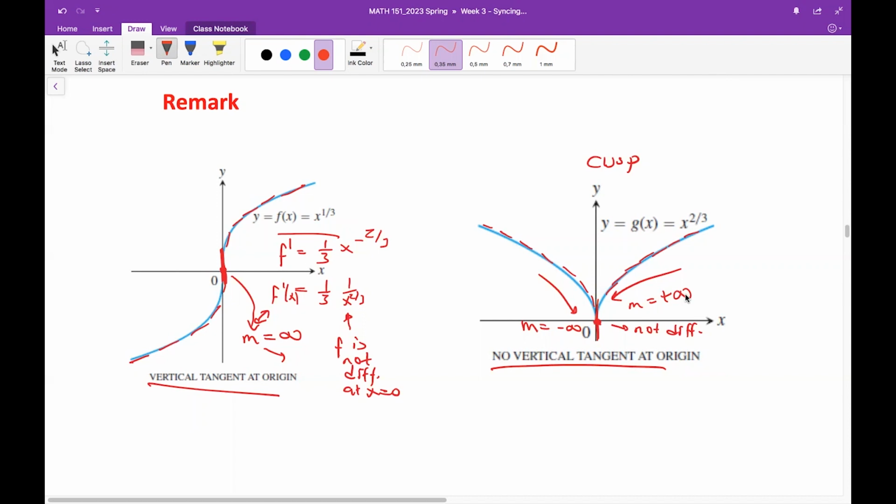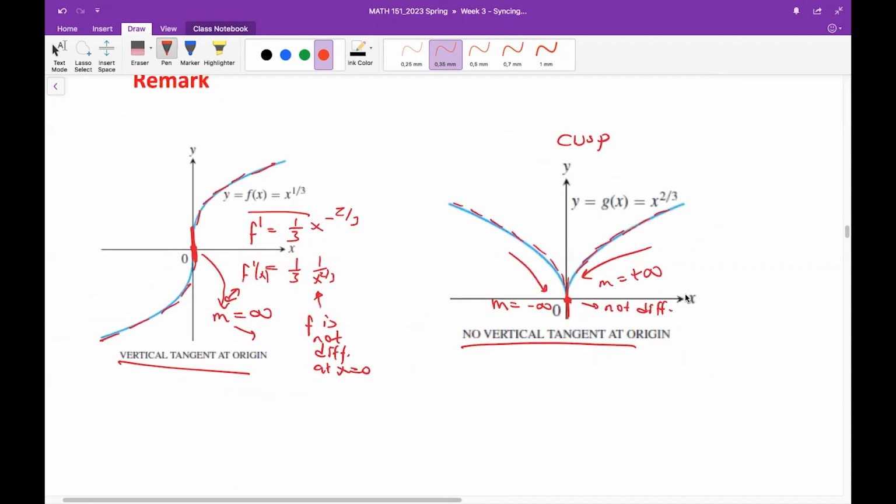Okay, now let's also discuss the differentiability of the functions. Even if you don't have the graph here, by using the differentiation rules, you can find out whether this function is differentiable at the origin or not. Let's take the power down, subtract 1 from the power. If you rewrite this part like this, the first derivative function is given like that.